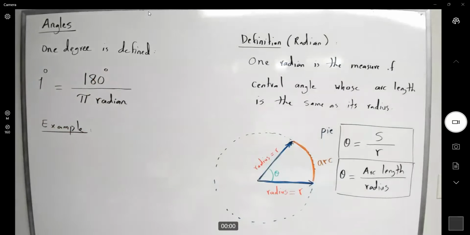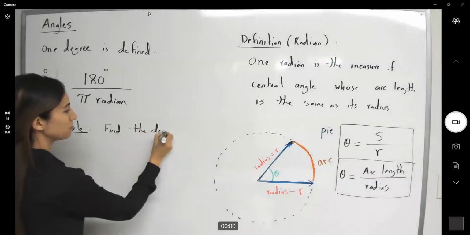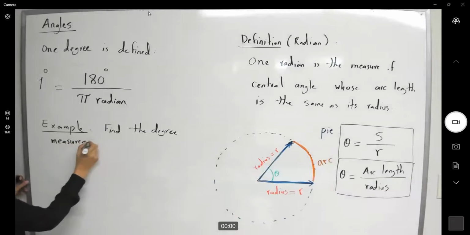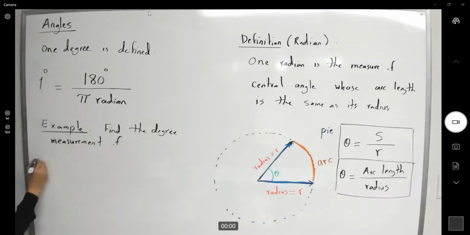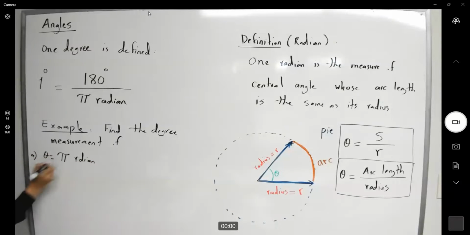Example. Find the degree measurement of, well, the very first one, suppose theta is given to you as pi radian.